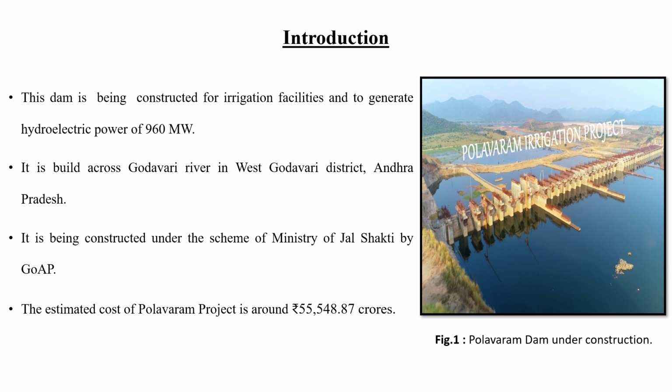In introduction, this dam is being constructed for irrigation facilities and to generate hydroelectric power of 960 megawatt. It is built across Godavari River in West Godavari districts, Andhra Pradesh state. And do you know guys, the capital of Andhra Pradesh? It is Amravati.